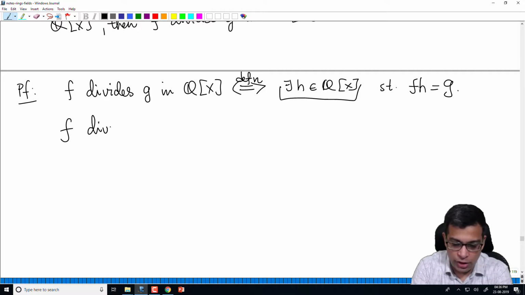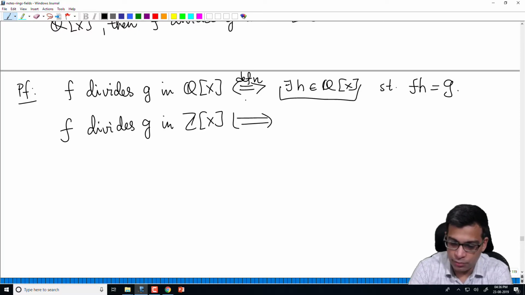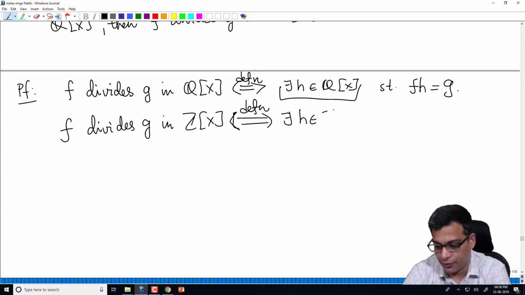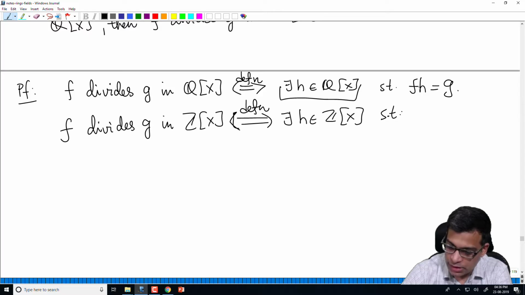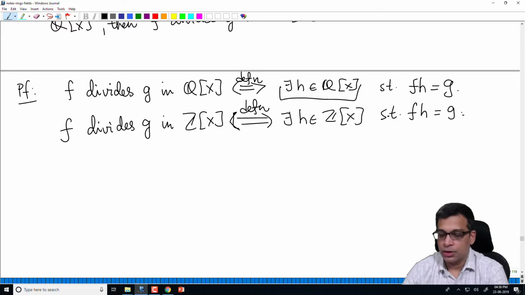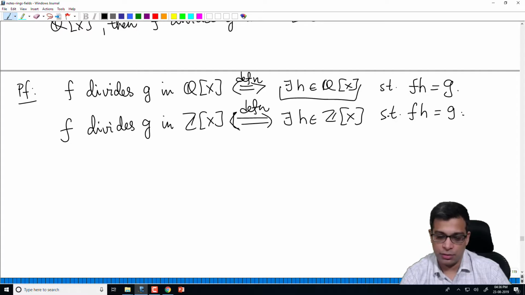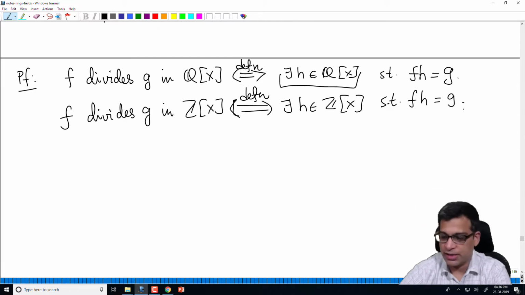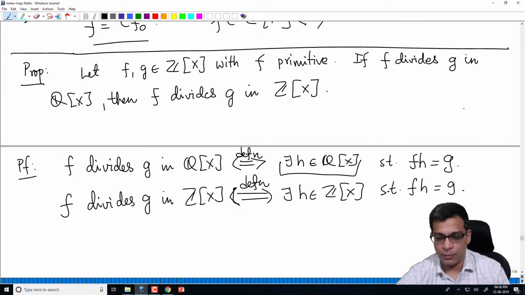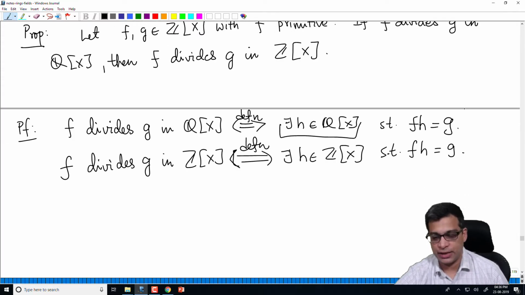Now, f divides g in Zx means, by definition, there exists h, possibly different, in Zx such that fh is equal to g. So the crucial difference between dividing in Qx and Zx is that this h may live only in Qx. In this case, we only say f divides g in Qx, but if it also lives in Zx, we say f divides g in Zx. This is a very easy proof, but the main thing to keep in mind is the difference between division in Qx and division in Zx.